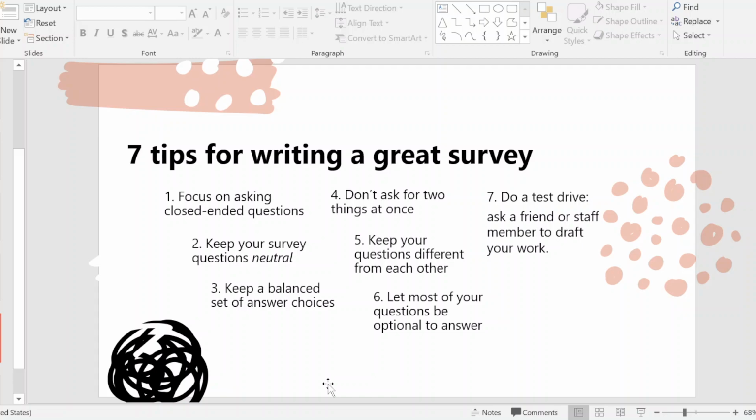Let most of your questions be optional to answer. Now, this is especially for those people who are doing something a little bit more on the extreme side, where you're looking at politics or religion or anything like that. The reason being is for some people, it might be too confronting. It might be that they don't have an opinion and they don't care.